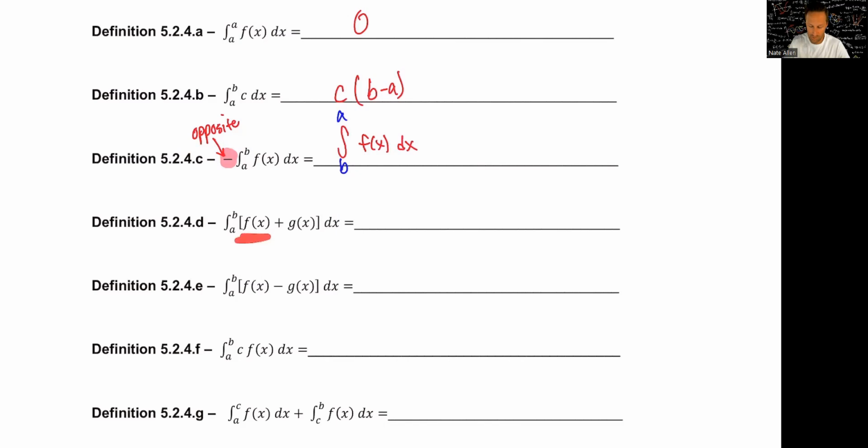Now, if we had two functions that we were adding together, whether we actually could add things or not, same with subtracting, remember these are just limits in disguise. So we can actually just take the limit of each function, and therefore we can do the same with these integrals.